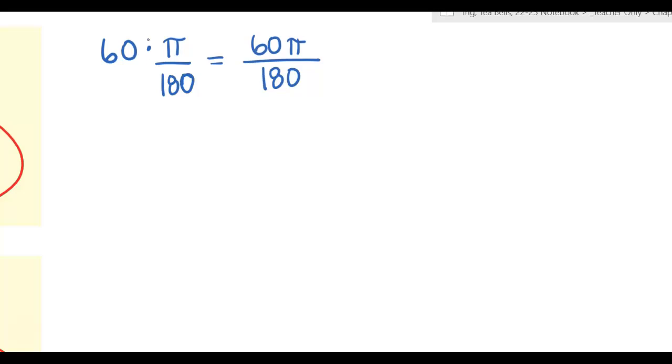We can always try to simplify this. We want to ignore the pi so that it stays in our final angle. If we take 60 over 180 and simplify that fraction, we can divide out a 60, which gives 1/3. So this would be pi over 3. Whenever we see a 60-degree angle, in radians, that is pi over 3.